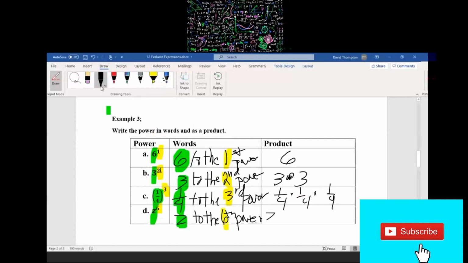So we have z times z times z, just write it out 6 times: z times z times z times z times z times z. 1, 2, 3, 4, 5, 6, and we are done.